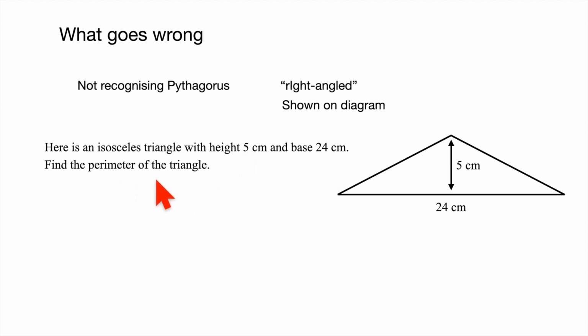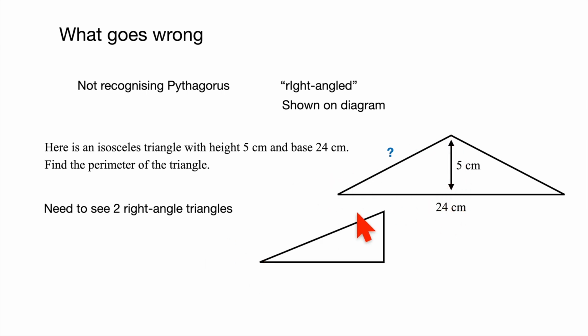Find the perimeter of the triangle. Okay, so the perimeter of the triangle is this distance. We need to know this distance. Not entirely obvious, but I suspect a few of you know where it's going to go, because this is all about Pythagoras. What you need to recognise is that this is two right-angled triangles. There's one sort of here. So let's have a look at that one.